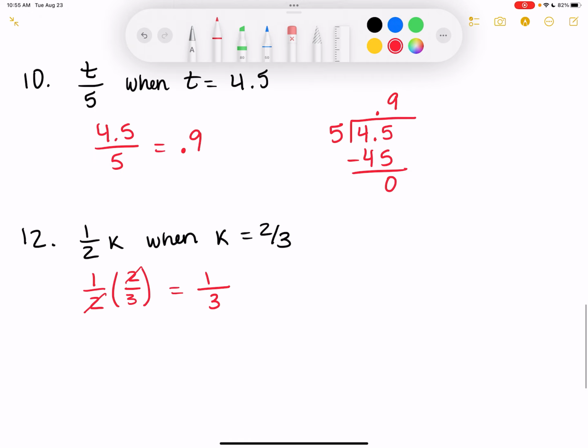All right, and then the last one for today is number 14. We have h plus 1/3 when h is equal to 1 1/3.